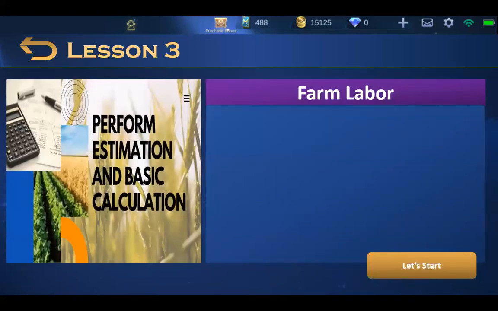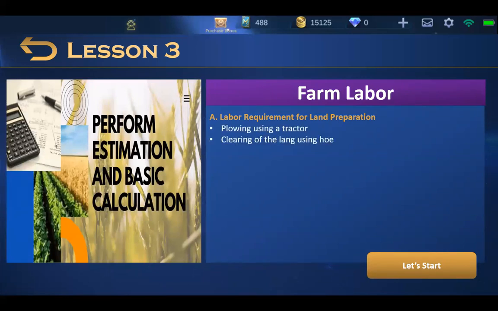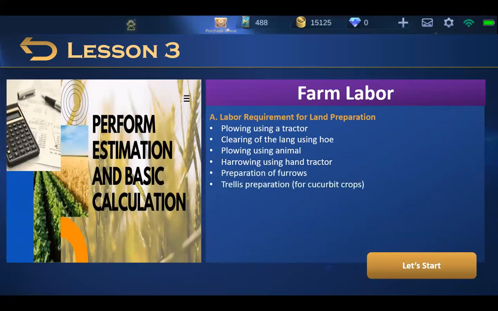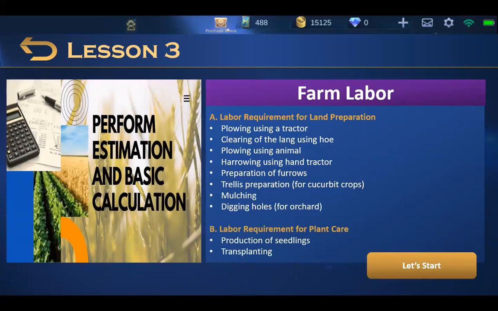Next, we're done with the farm inputs. Now, let's proceed to farm labor. So, farm labor, we have different activities. Under labor requirement for land preparation, we have plowing using a tractor, clearing of the land using hoe, plowing using animal, harrowing using hand tractor, preparation of furrows, trellis preparation for cucurbit crops, mulching, digging holes for orchard, and next, after land preparation, labor requirement for plant care, we have production of seedlings and transplanting.